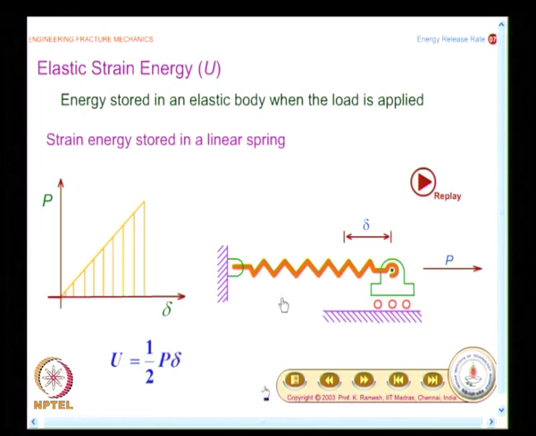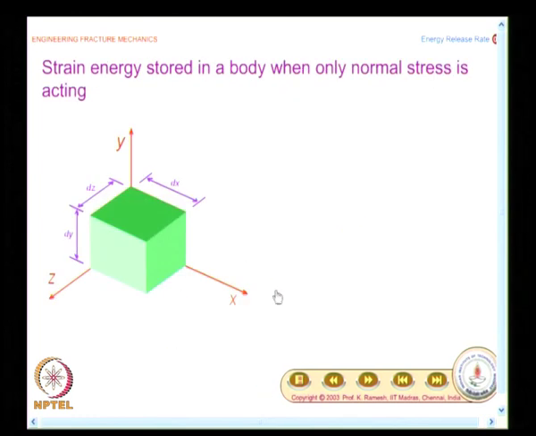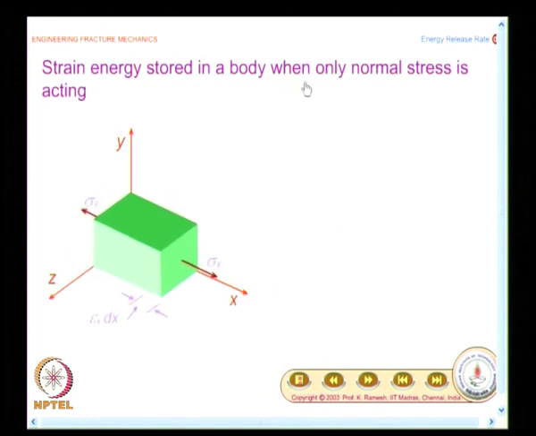and we will extend this to a body subjected to normal stretch, a body subjected to shear stress, and a combination of all the stress components, etc. All these expressions will come in handy when we want to solve problems in this chapter.